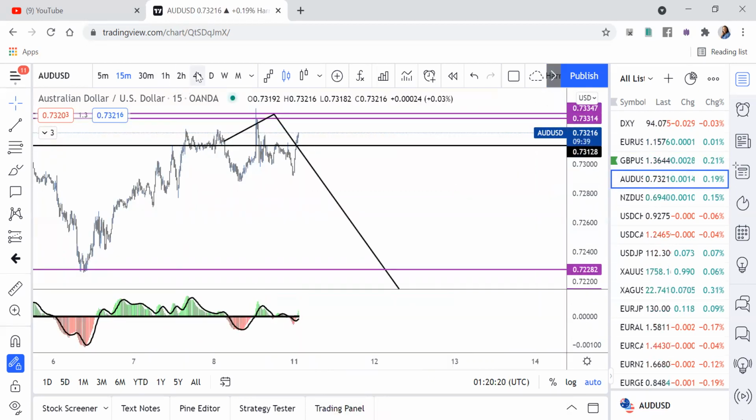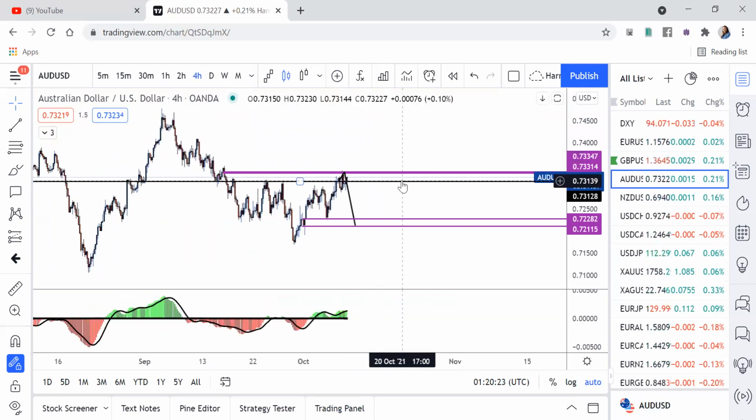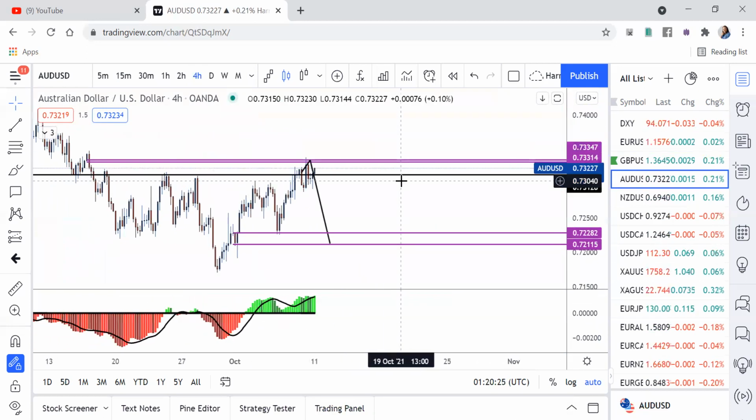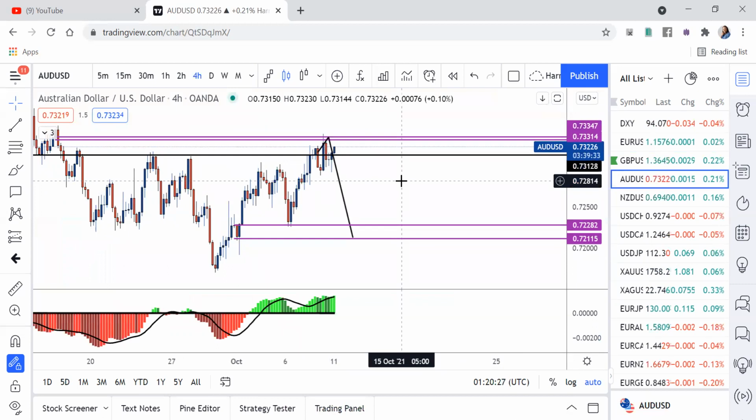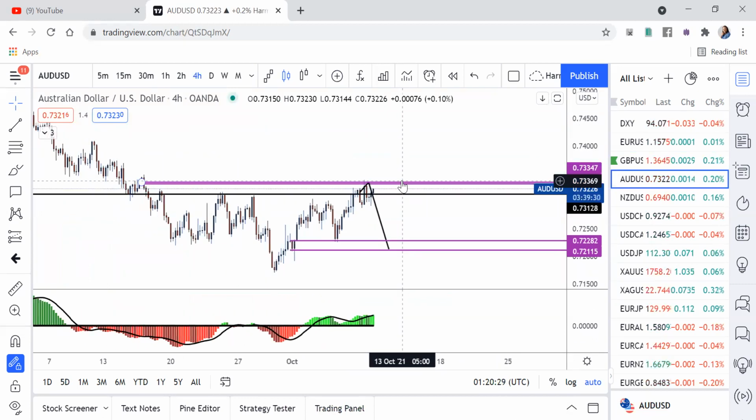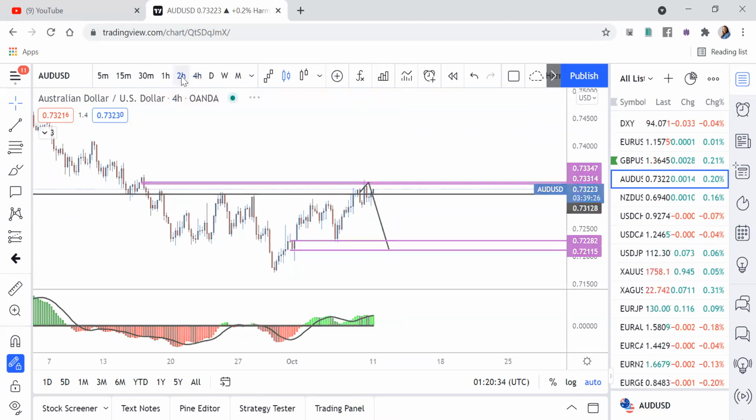AUD/USD. Same thing, right? So I am looking for AU to continue selling, to the downside as well.